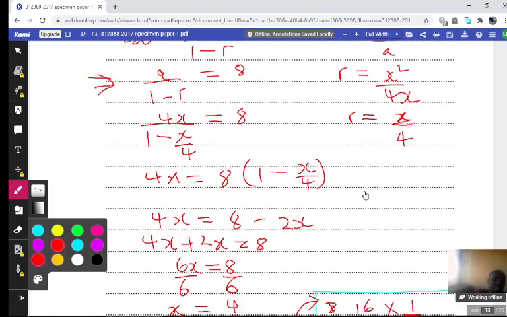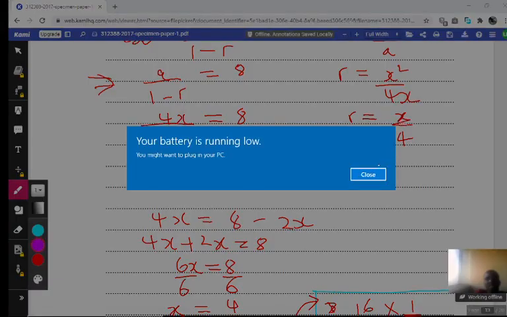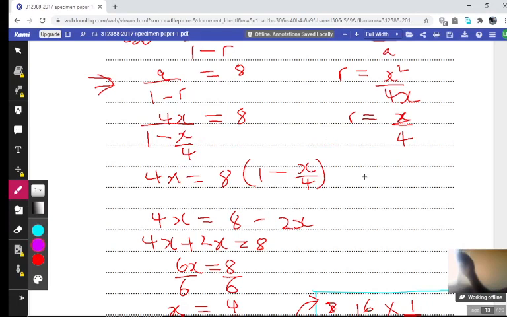You can even find r first, then just substitute. So r here will be what? Since you found your x to be 4 over 3, you can say 4 over 3 divided by 4, which equals 4 over 3 times 1 over 4.